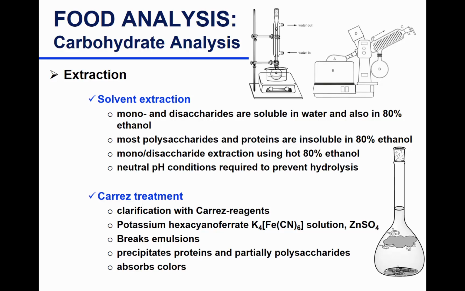You put your sample in a round bottom flask, and then you build a vacuum with a vacuum pump, and you have a condenser linked to cold water. What happens is your ethanol will be heated and goes up to the condenser, but instead of condensing back into the flask, it condenses into another collecting flask. So you will have your solvent here, and then you will have your dried out sample.